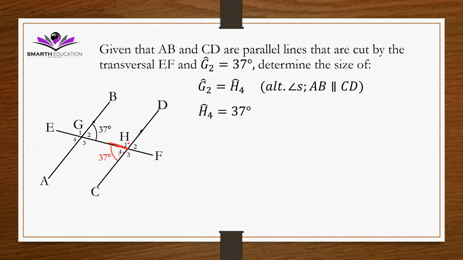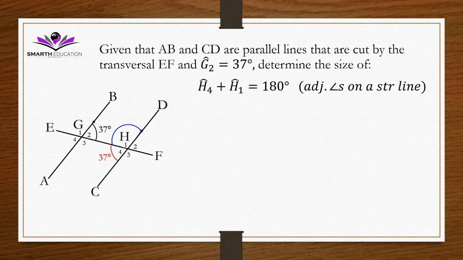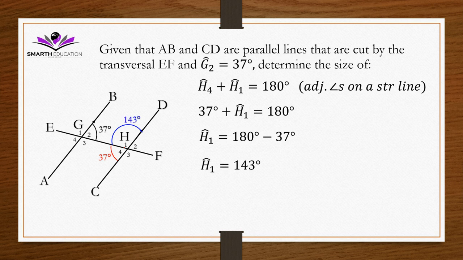So it means angle H1 plus angle H4 must give us 180 degrees. They are supplementary. Then the reason: adjacent angles on a straight line. Then we solve for H1. 180 degrees minus 37 degrees, we get 143.